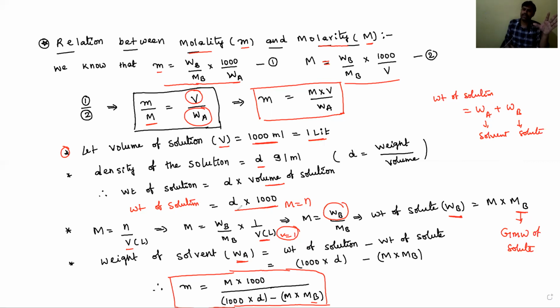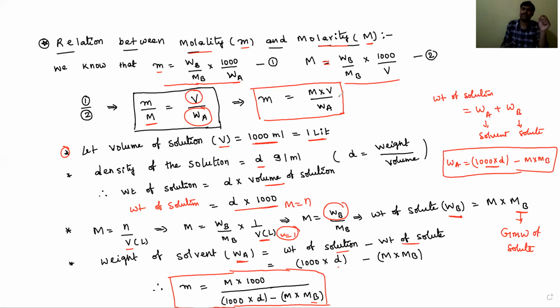So the weight of solvent, WA, is equal to weight of solution minus weight of solute: 1000 into density minus molarity into gram molecular weight of solute. So WA we have found.